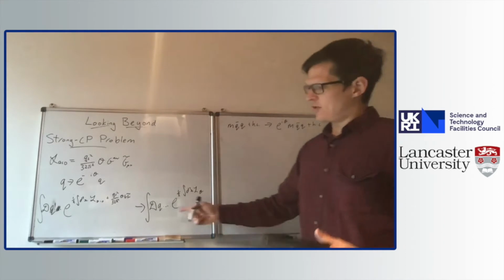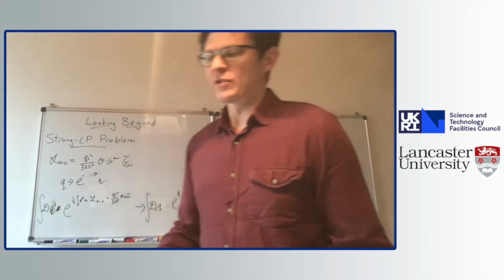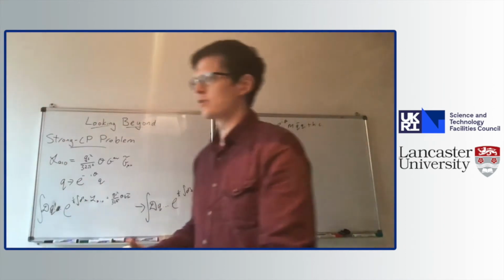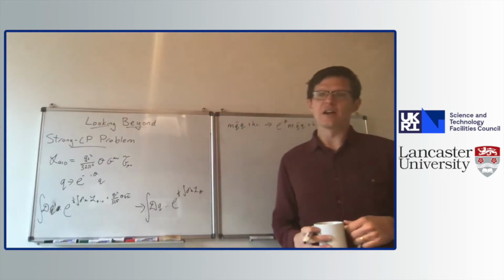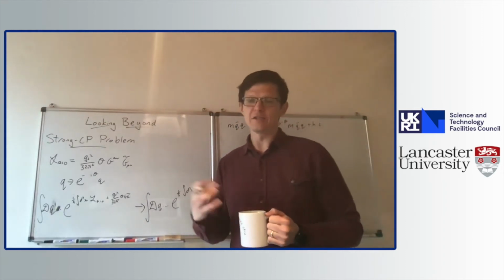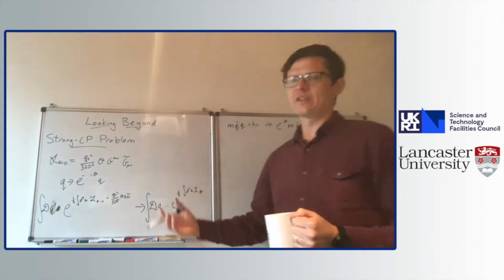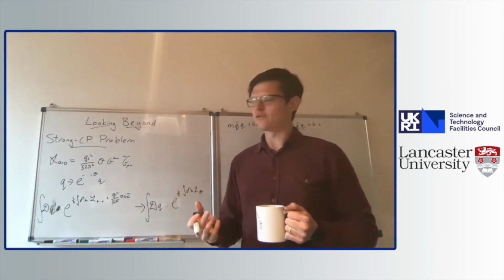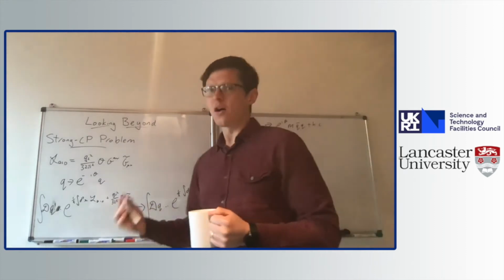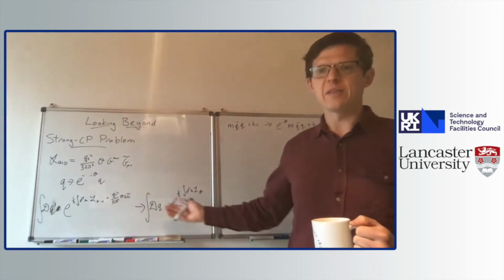Now, these two theories are physically the same because field redefinitions, like doing a rotation, don't change the physics, even if it isn't a symmetry of the theory. If we do a field redefinition, the physical predictions of the theory have to remain the same. So these two theories are the same theory. Mathematically, they look different.